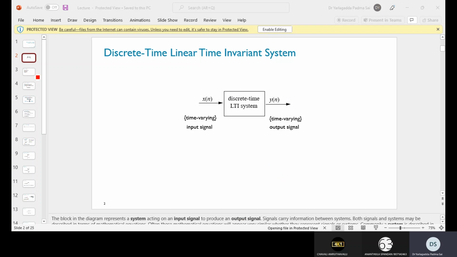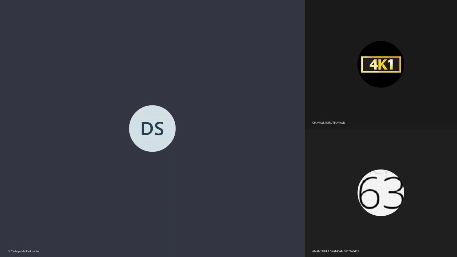Are you able to see my notepad? No. What happened to this one? I don't know. Actually, previously I used to teach like that only. But when I am sharing, okay, once quickly I will explain that concept.